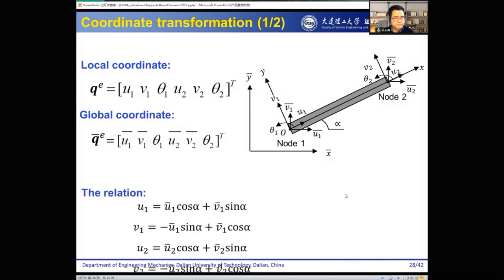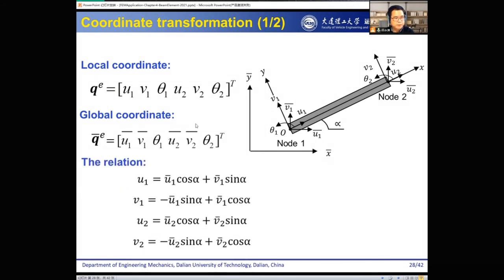Example here. So we have the degrees of freedom in the local system, and we have the degrees of freedom in the global system. And by using this figure, we can get the relationship between different variables.